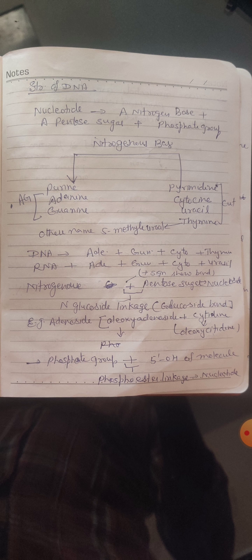And how is the phosphate group attached to the pentose sugar? It attaches with a phosphodiester bond. Phosphate is attached to the pentose sugar by a phosphodiester bond.